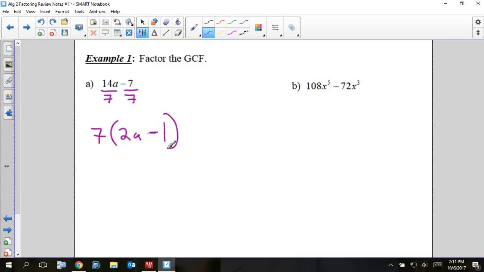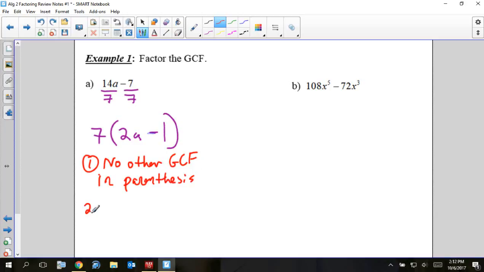There are 2 ways that you know you did it right. The first way is that there is no other greatest common factor in the parentheses. So when I look in the parentheses, 2a and 1 are not divisible by any integer anymore.